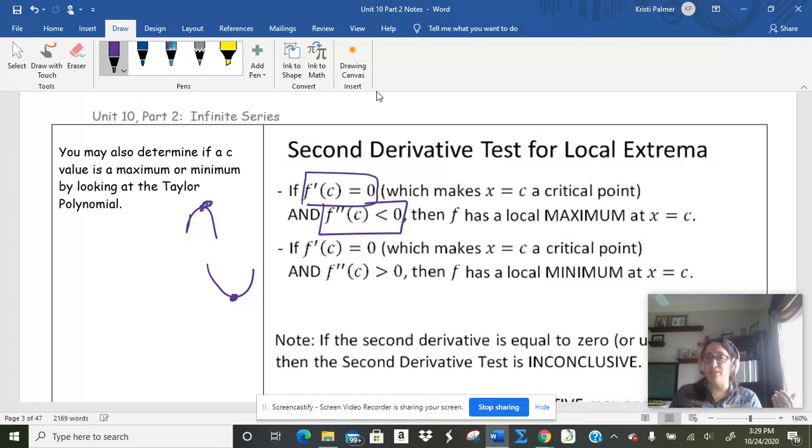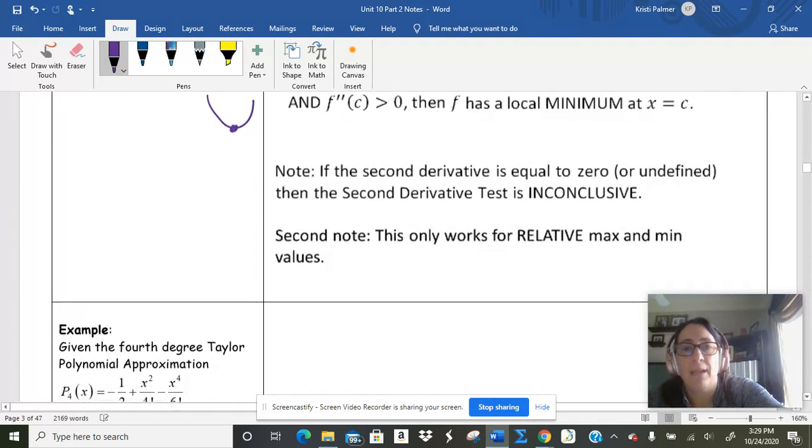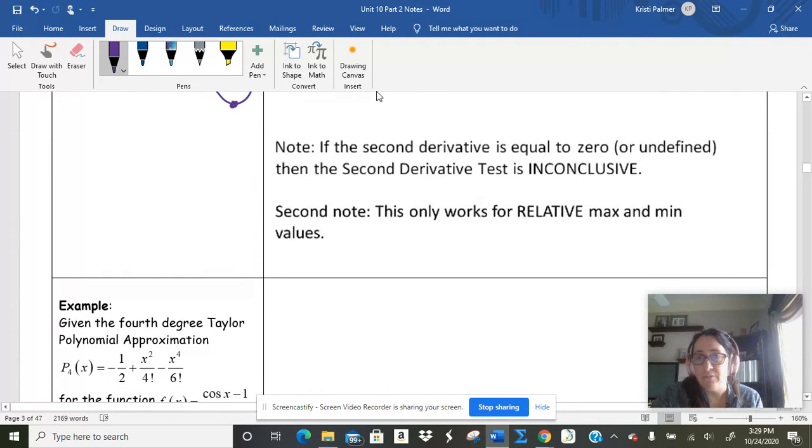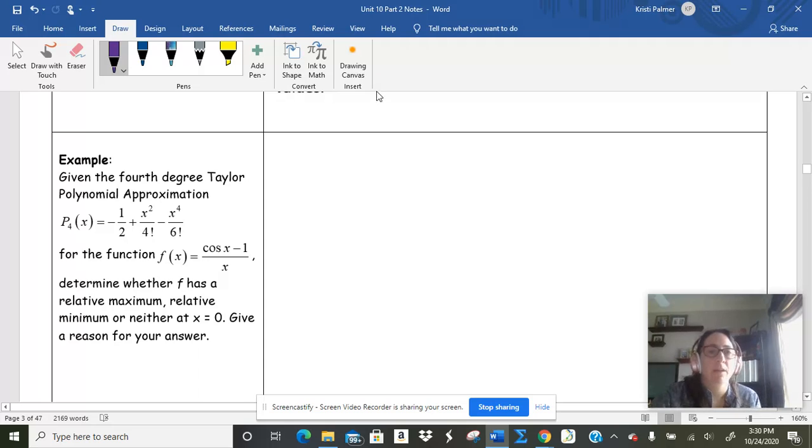So we can use these Taylor polynomials to know if where we're centered at is a local max or a local min for the original function. Now, if the second derivative is 0, then it's probably a point of inflection, right? Since we don't know, we can't use this test. We learned that back in Calc AP. Okay, so let's go do this one.